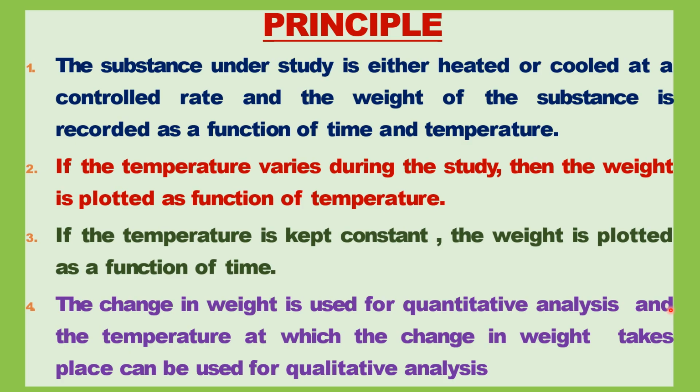Once you heat above that, there will be mass loss due to thermochemical reactions, because of decomposition of the nickel dimethylglyoxime. Therefore, the change in weight is used for quantitative analysis and can also be used for qualitative analysis.